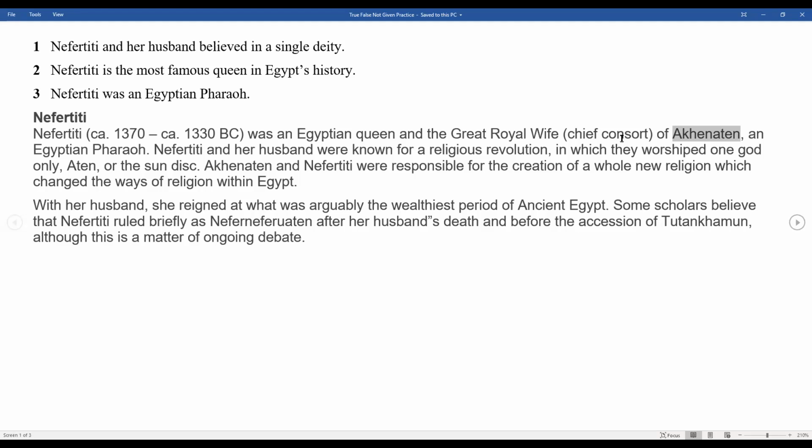Pharaoh is called a male king. It doesn't specify whether it's male or female, but there's only one pharaoh. There are no two pharaohs. So when this guy was the pharaoh, she is his wife, and she was the queen.